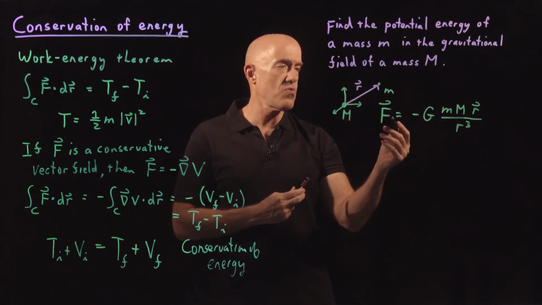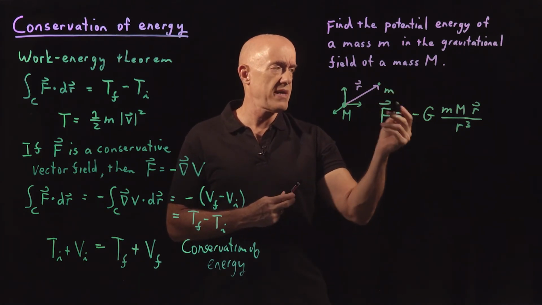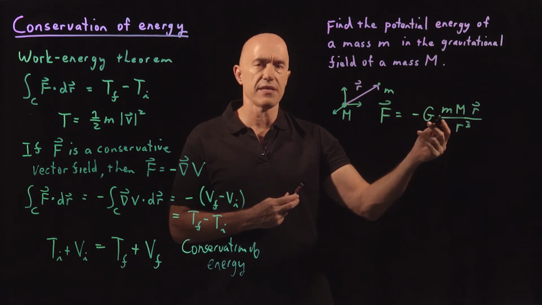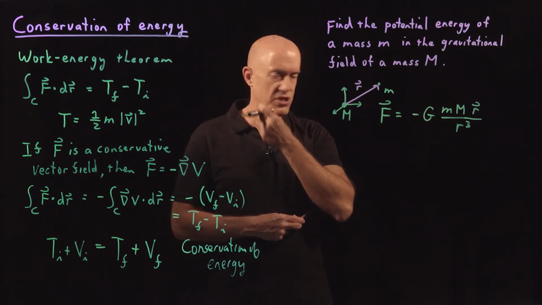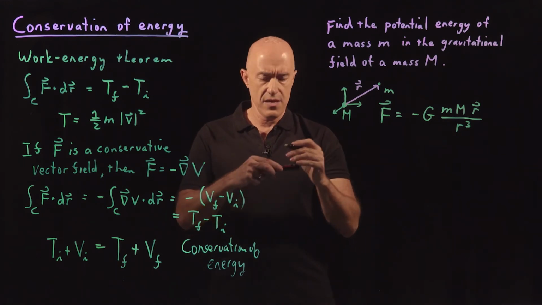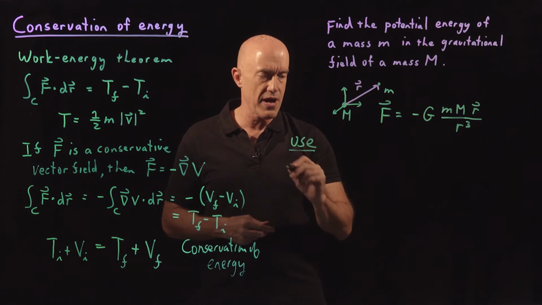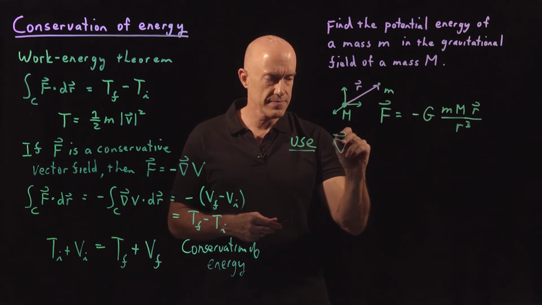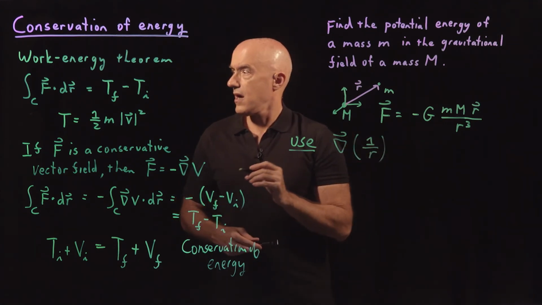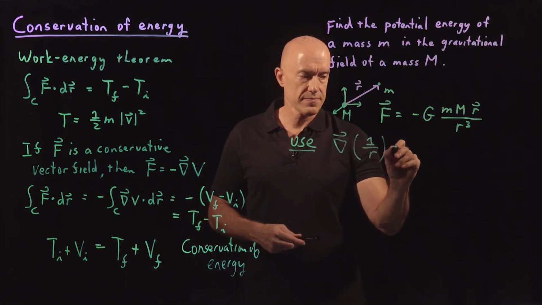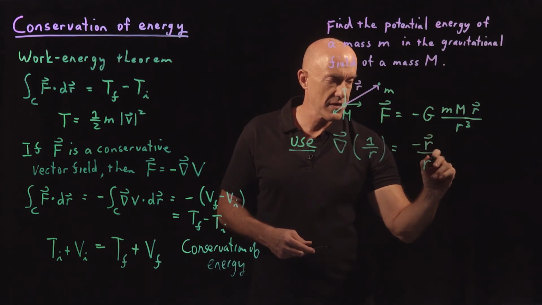We want to know what is the potential energy of little m due to big M. So we have to write this as the negative of the gradient of a potential energy. So to do that, we use the following. So this was one of your reading problems. The gradient of 1 over r turns out to be negative r vector over r cubed.